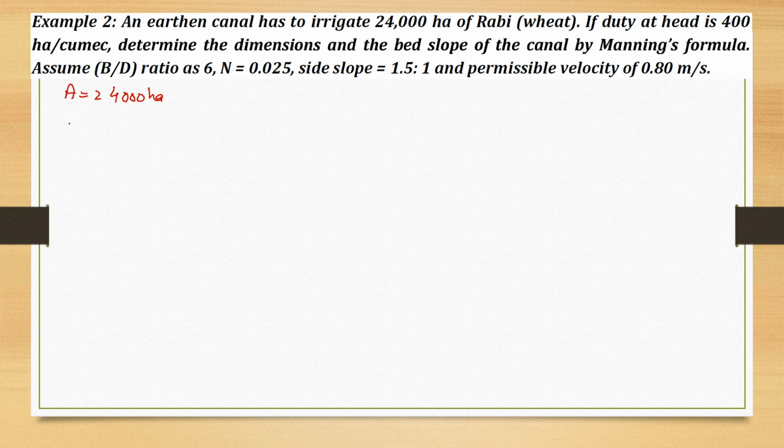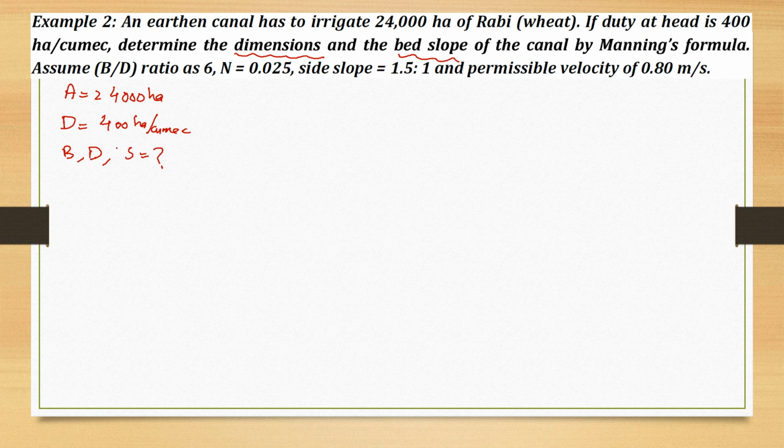And the duty at the head of the channel is 400 hectares per cumec. Duty is denoted by D, and this is 400 hectares per cumec, meaning a unit discharge of water can irrigate 400 hectares of land. So we have to determine the dimensions, that is B, D, and the next thing is the bed slope of the channel, that is mandatory.